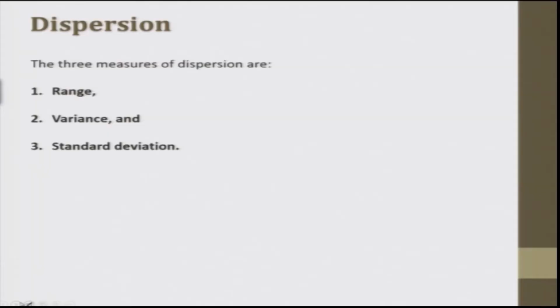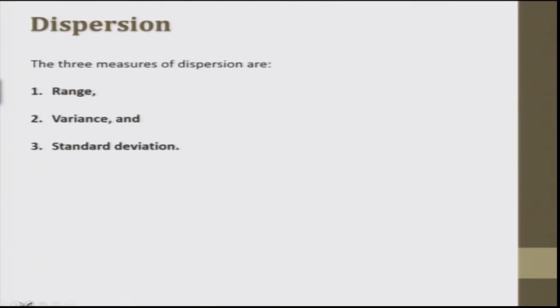I also discussed the nominal, ordinal, interval and ratio scales. Where can we use mean, median and mode? In the nominal scale we cannot use all 3, and in the case of the ratio scale we can have all 3 values. Okay. Next is dispersion.